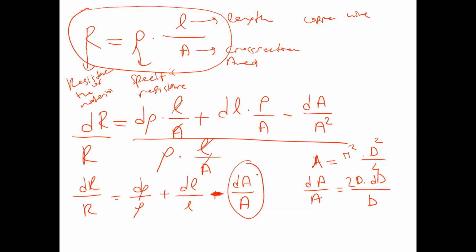So instead of this, I could write down here dr divided by r is equal to d rho divided by rho minus 2 dd divided by d.